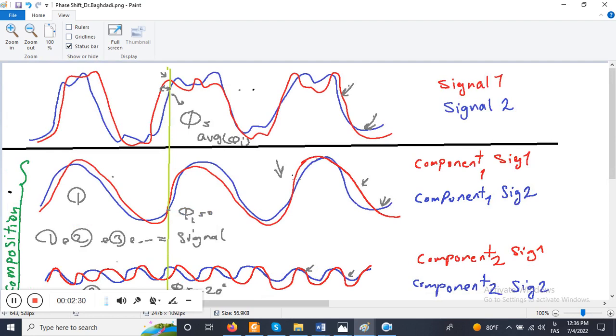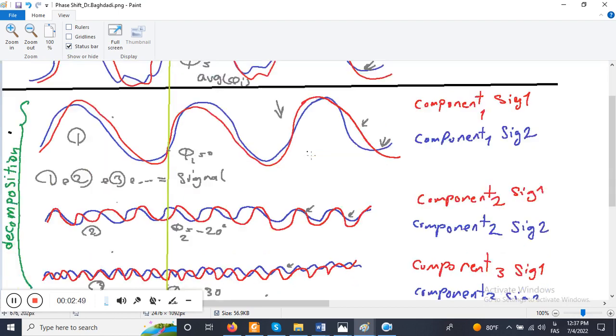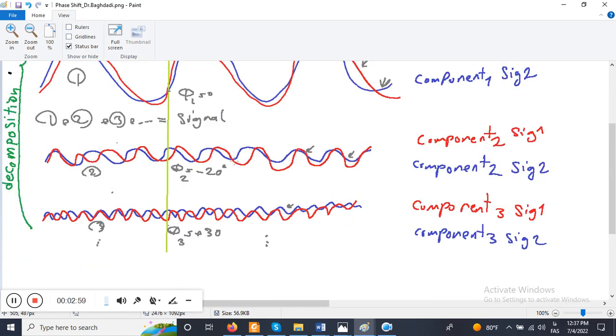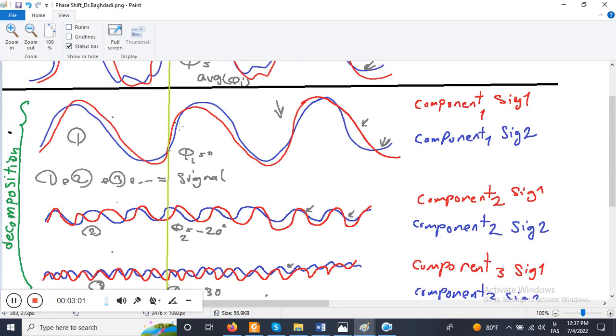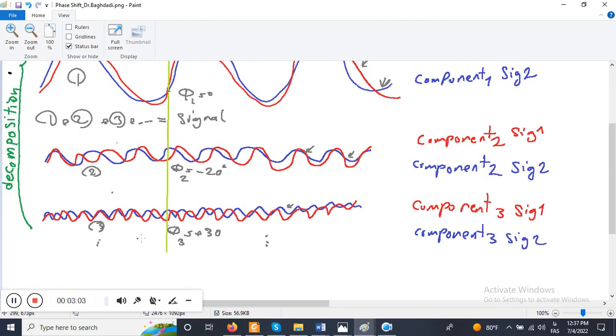If we want to calculate phase difference in a given moment, for example here that we showed with the vertical green line, the Hilbert transformation gives us three phase differences for this component, for this component, and for this component.